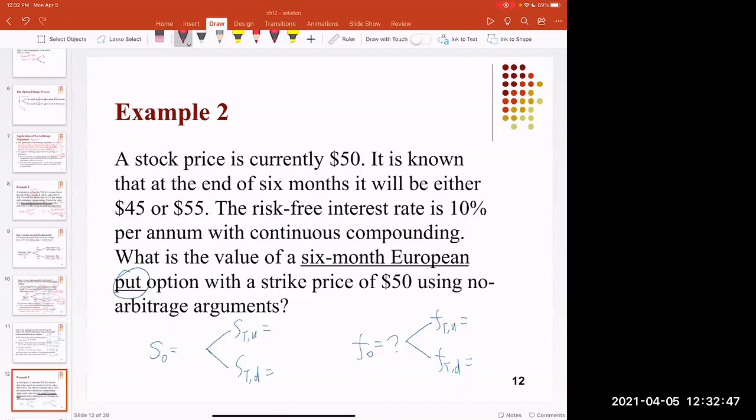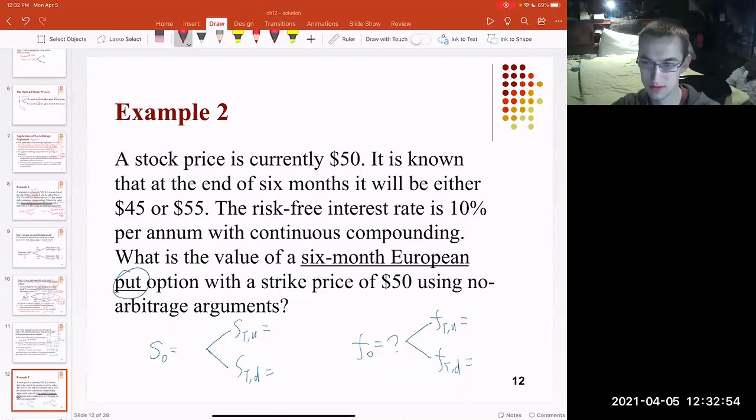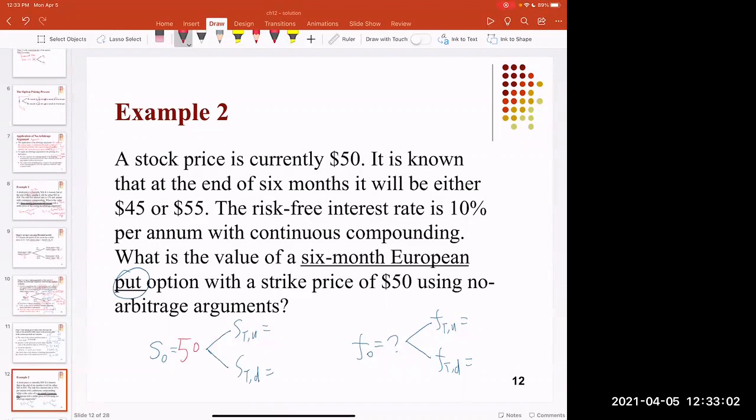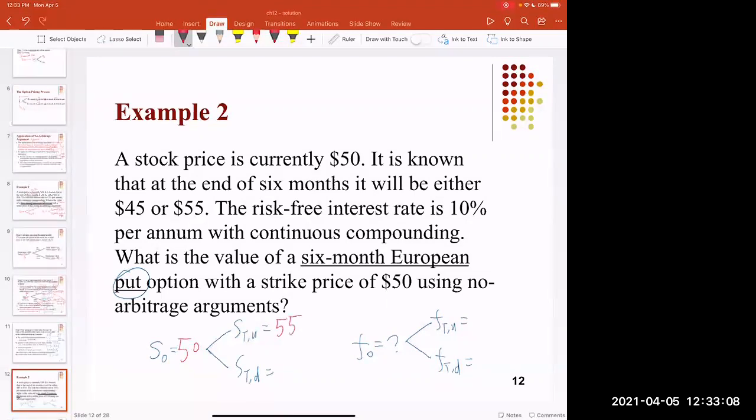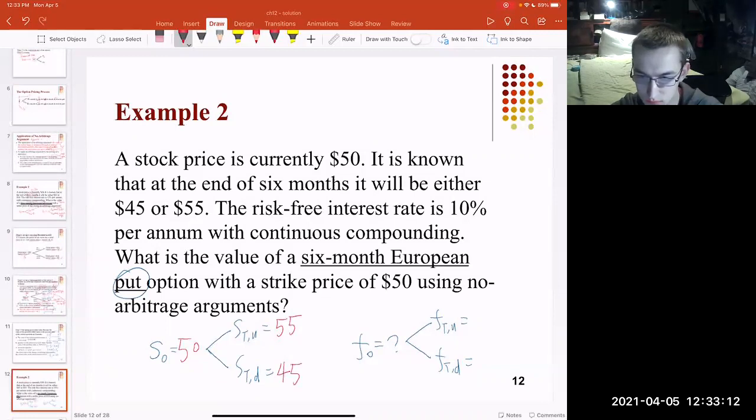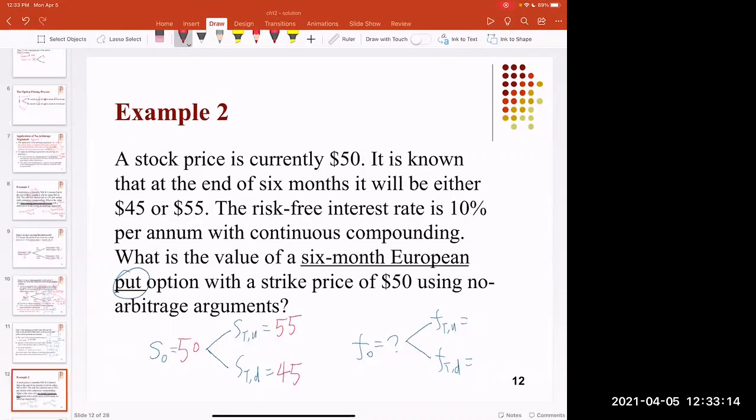What's the stock price today? The stock price today is 50. And the stock price going up? It'll be 55. When the stock price goes down? 45. Yes. Okay, so that's basically the binomial tree for stock.